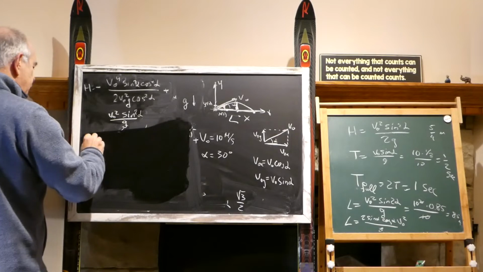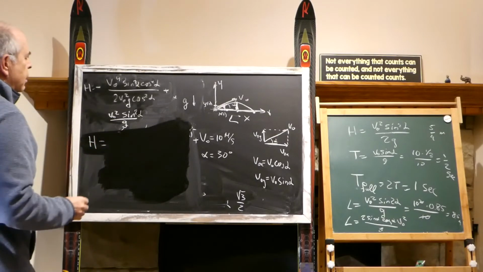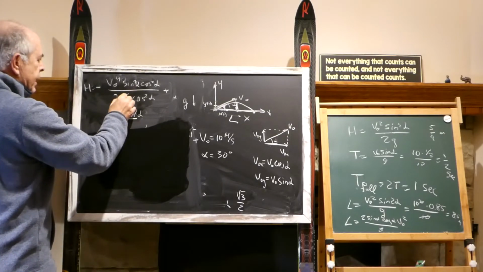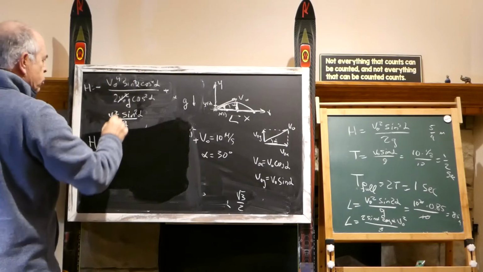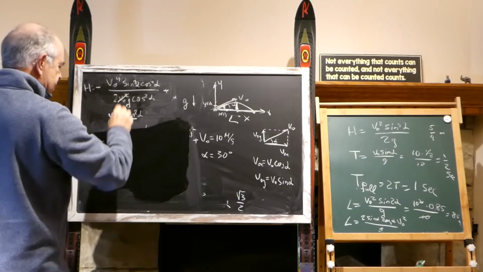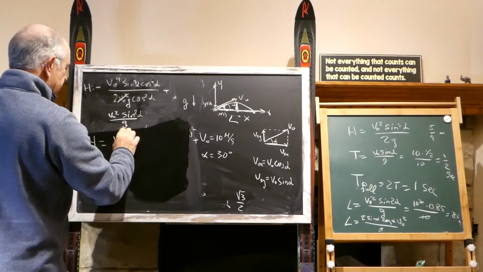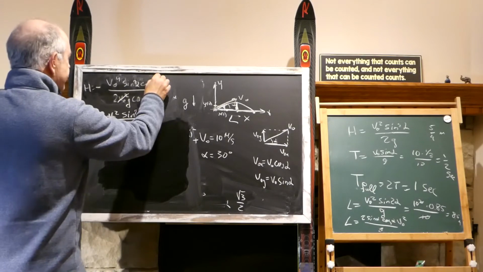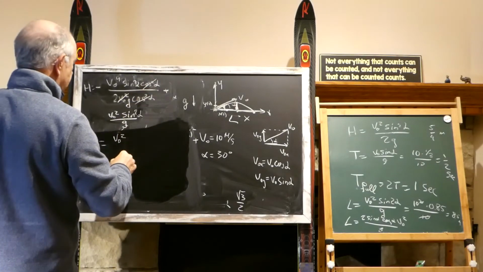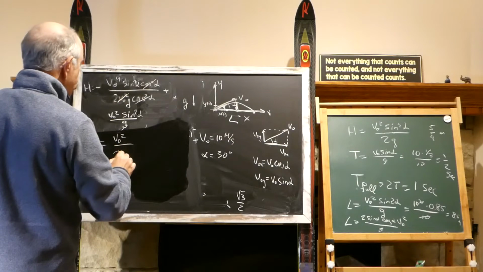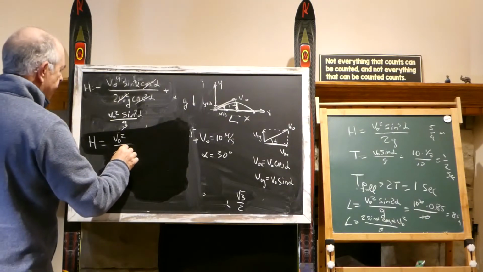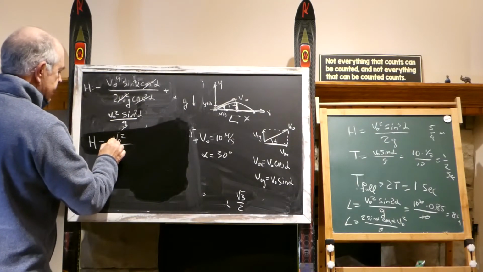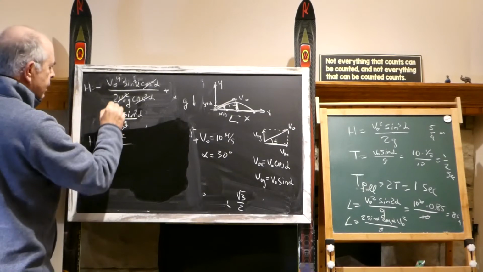So we have h equals v0 squared is gone, and this becomes v0 squared only. v0 squared, cosine squared is gone, right? And this becomes 2g, right? And minus, don't forget this minus.